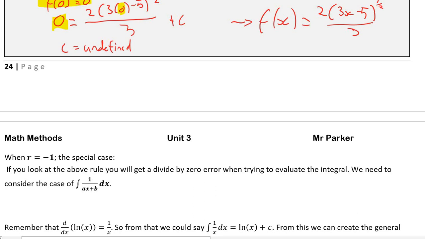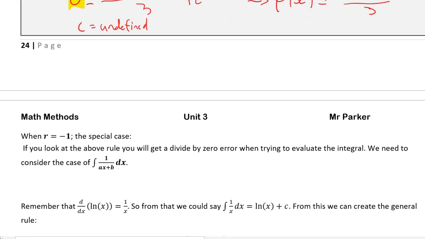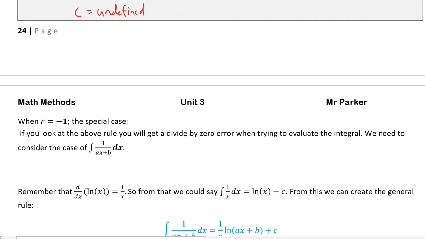Last bit we're going to go through, guys, is the special case. Remember I said that if your R value, so the power, is -1, you get a divide by 0 error. It won't work. If you remember back to when we were differentiating, the derivative of ln x was 1 over x.